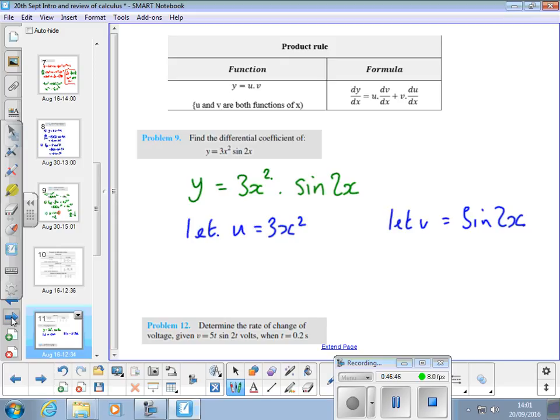So we've got to differentiate both of these. du by dx is equal to, and we've got to find dv by dx on that side. So we've just now been doing them. So what is the differential of 3x squared?